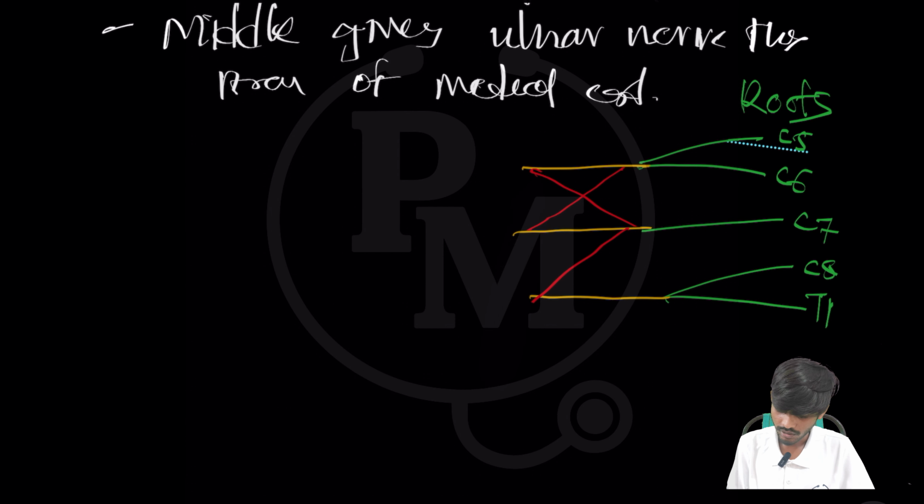These divisions are going to form this lateral cord. All the posterior divisions of all these trunks give posterior cord, and anterior division of lower trunk gives medial cord.